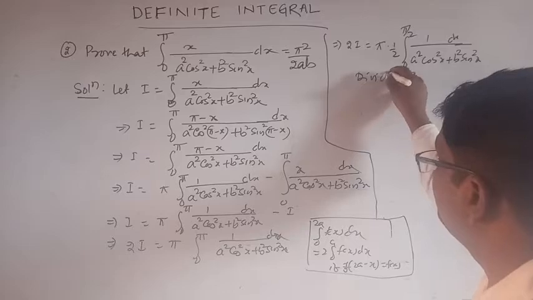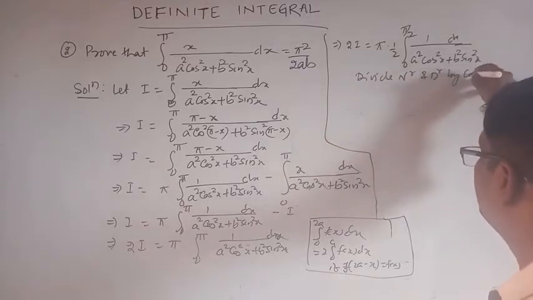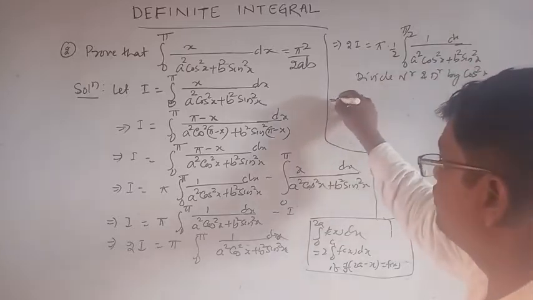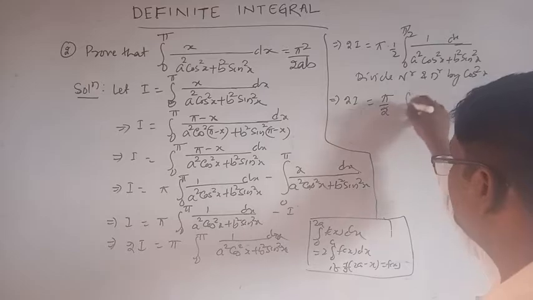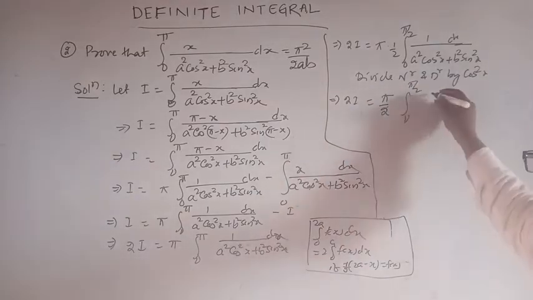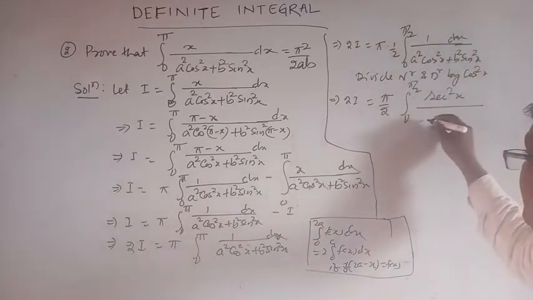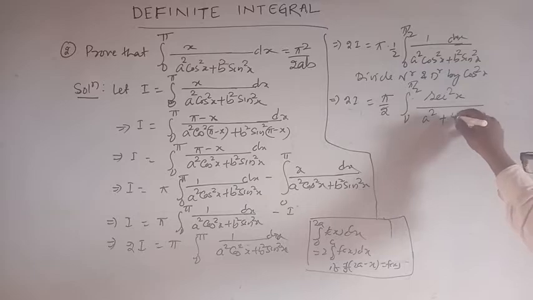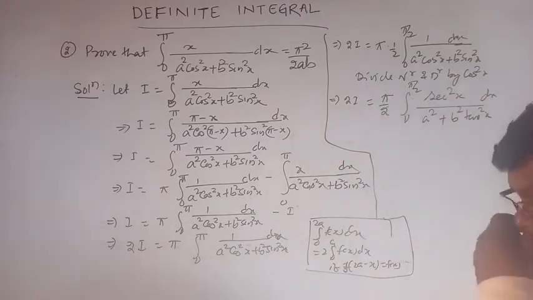Divide numerator and denominator by cos square x. So 2I is equal to pi by 2 times the integral from 0 to pi by 2 of sec square x divided by (a square plus b square tan square x) dx.